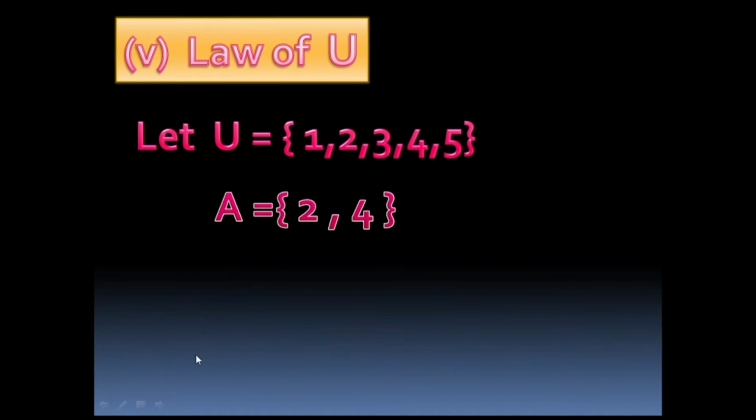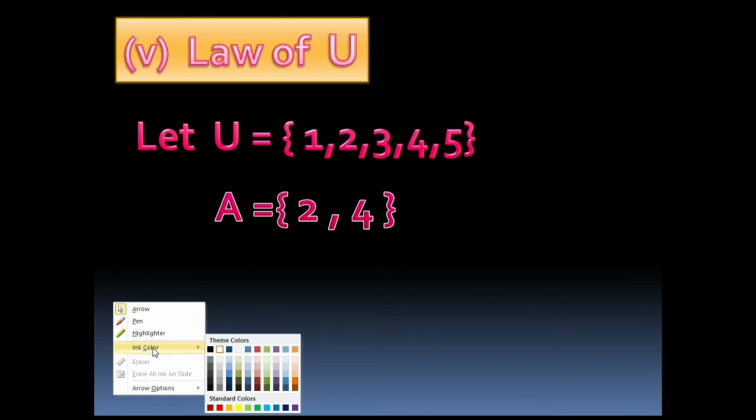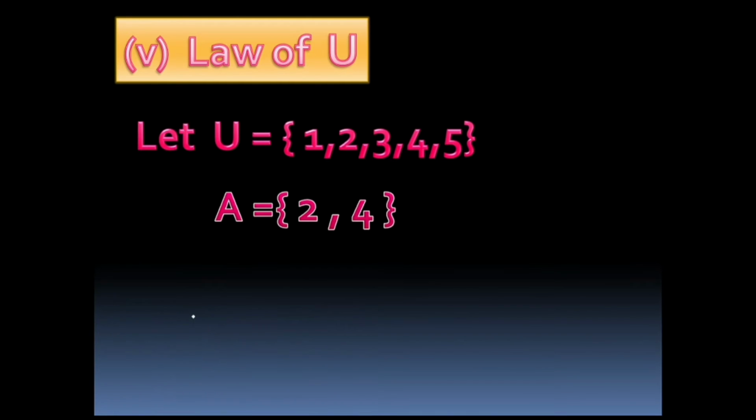Then the last law over here is the universal law, or law of U, whatever we call it. The law says universal set union A will be U. This is more logical, right?